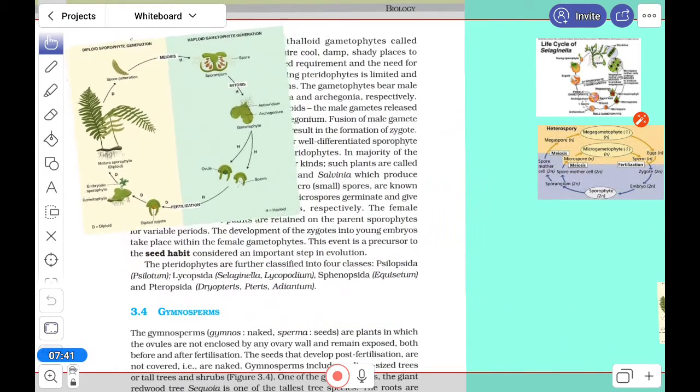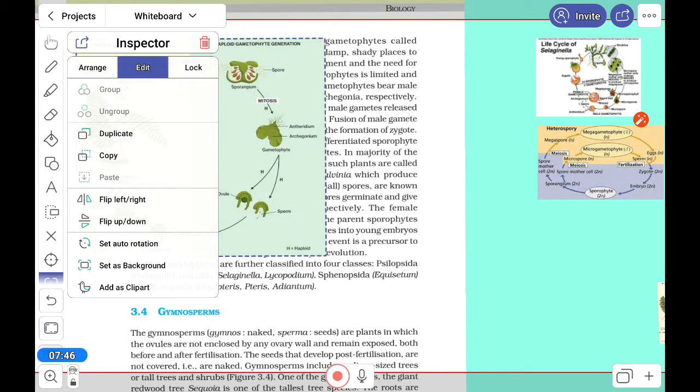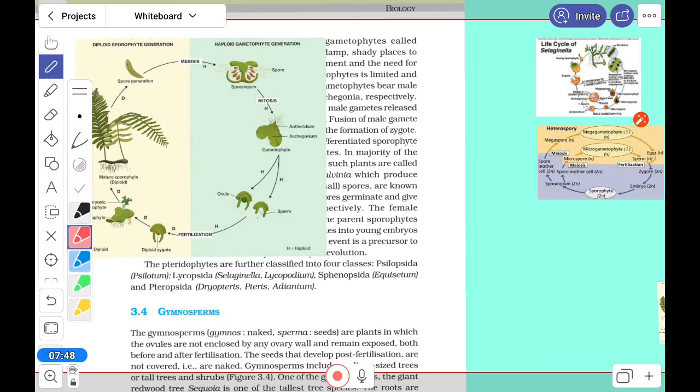Here the sporangium produces the gametophyte, and inside the gametophyte the antheridium and the archegonium produce the ovum and sperm.